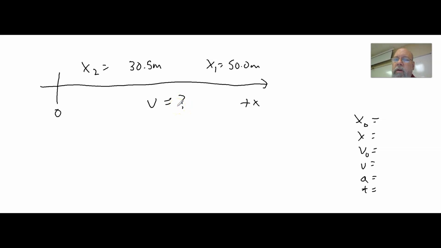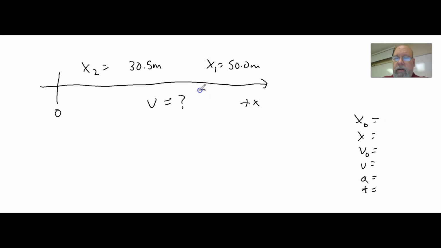But I will also always, for my velocity, indicate the direction of the velocity and whether or not it's increasing. I'm just going to have a single value for velocity, an average velocity. It doesn't really matter if it changes during the course of the motion because we're not told any information about that.